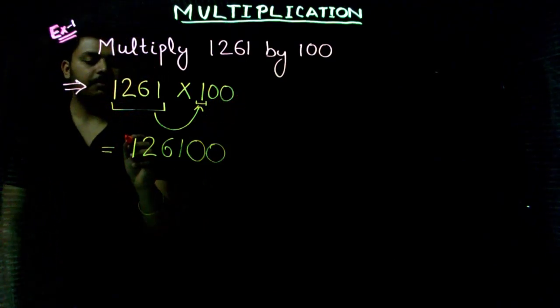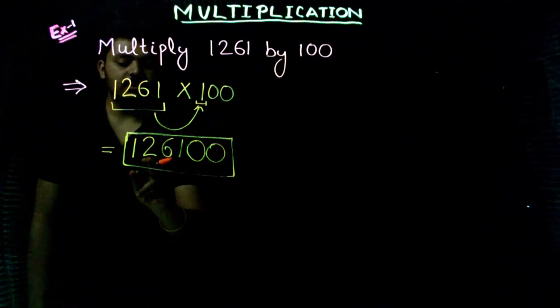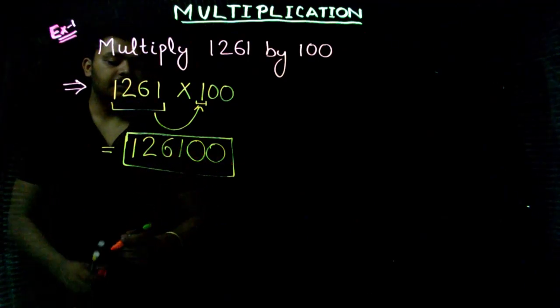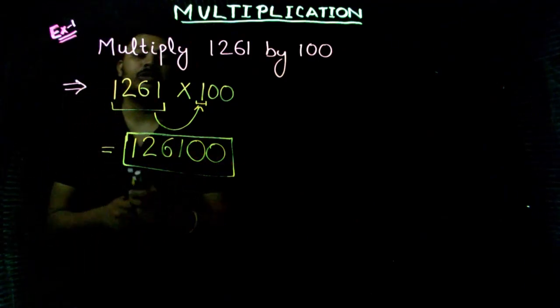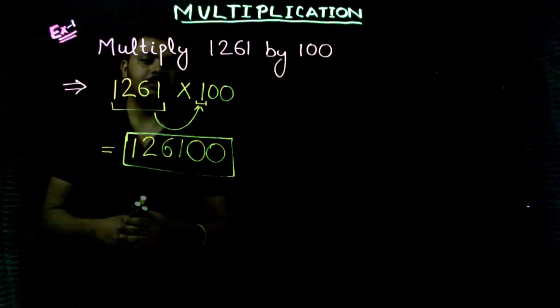So when we multiply 1261 with 100, our answer is 1,26,100. So students, I hope you have understood how to multiply a number by 100.